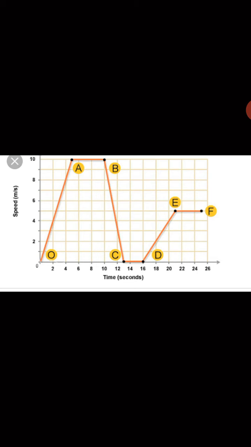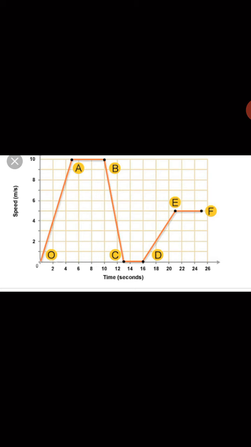From point C to D, again the line becomes a straight line and it's a flat line. See, and it is also on the line of origin. So here the object is at rest. Then moving ahead, line DE denotes, again the line is going upwards, that means the object is accelerating.